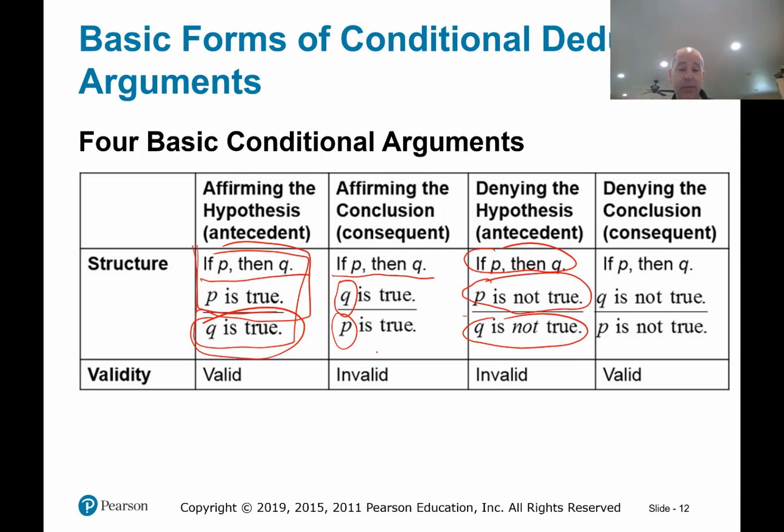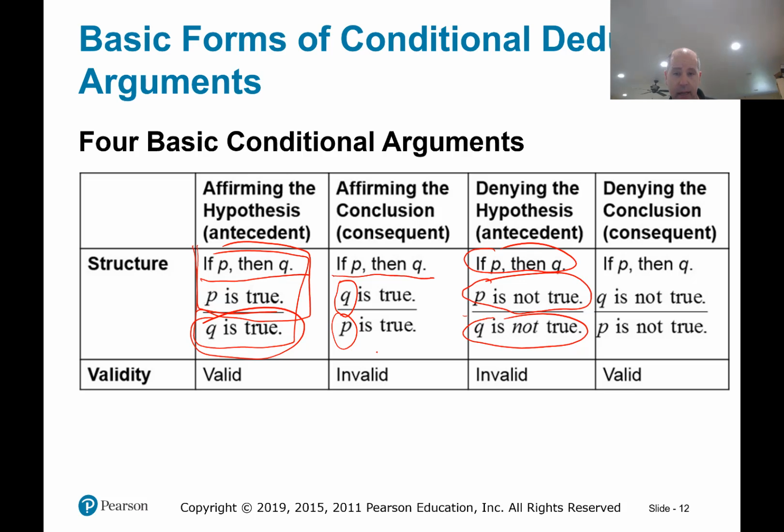Does that necessarily mean that I am not going to take him out for ice cream? No, that's not necessarily true. I could have still taken him out for ice cream. This is also called the fallacy of the inverse, so this is an invalid form.